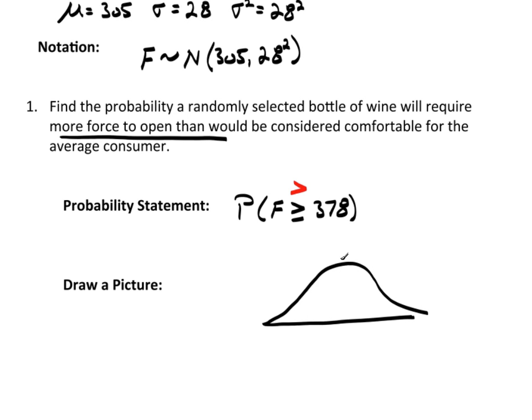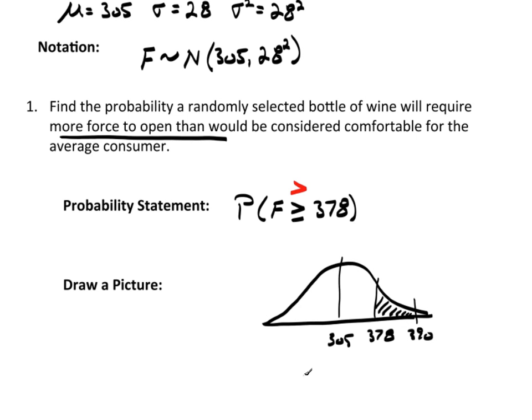So here I have a mean of 305, and I want to go, say, 378 to 390. I'm just making this up. Well, the probability of being between 378 and 390 would be the area under the curve right here.